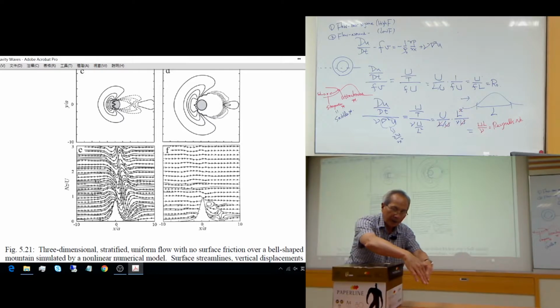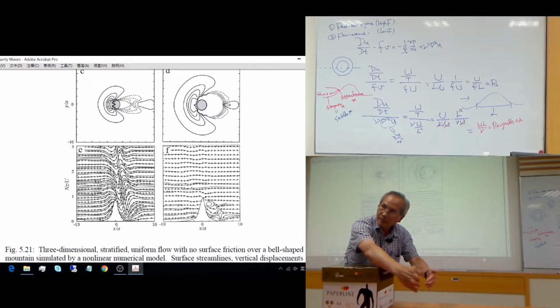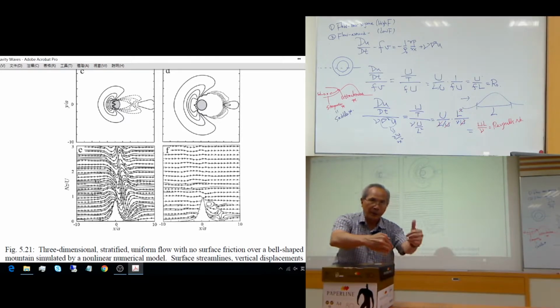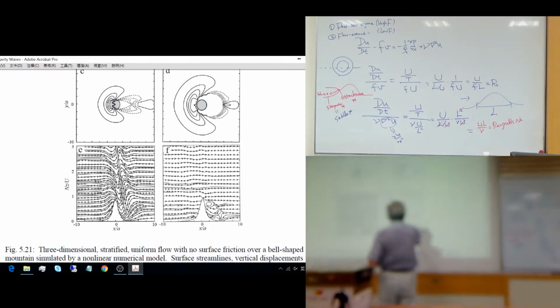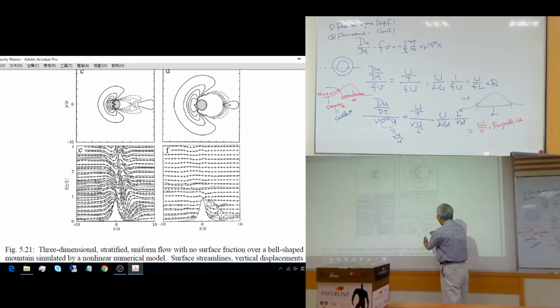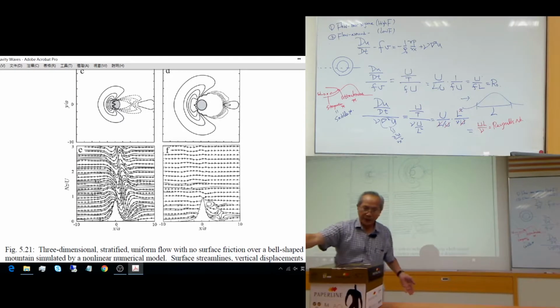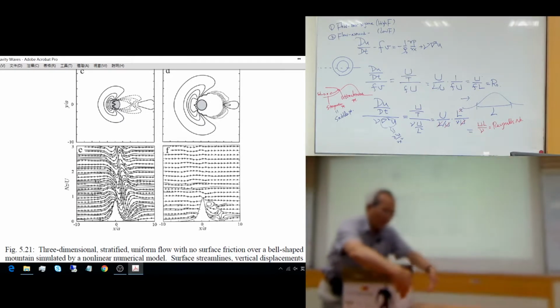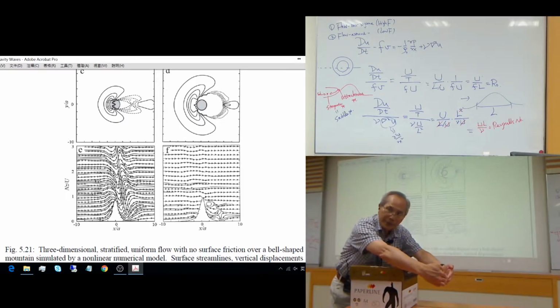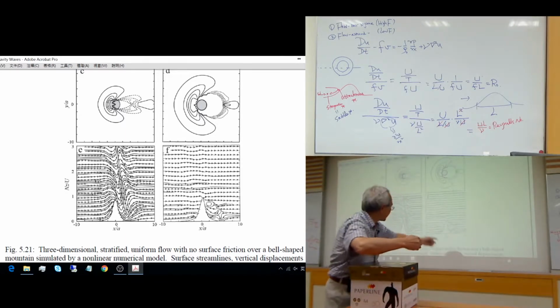When the flows come here, they have flow convergence, and that generates vertical motion. That's this part. You have two vortices, and the flow comes here, they have convergence, and they generate upward motion.